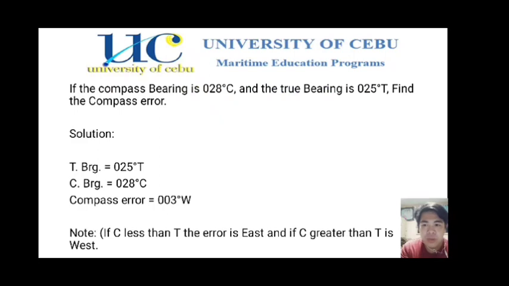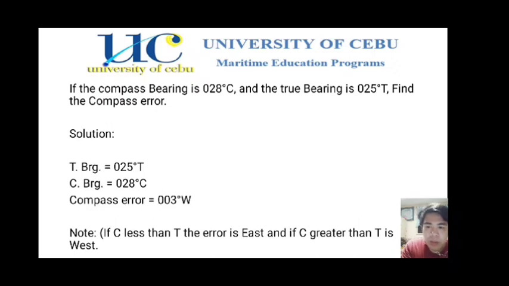Next, if the compass bearing is 028 degrees course and the true bearing is 025 degrees true, find the compass error. So in the solution, the true bearing is equal to 025 degrees true and the course bearing is equal to 028 degrees course.